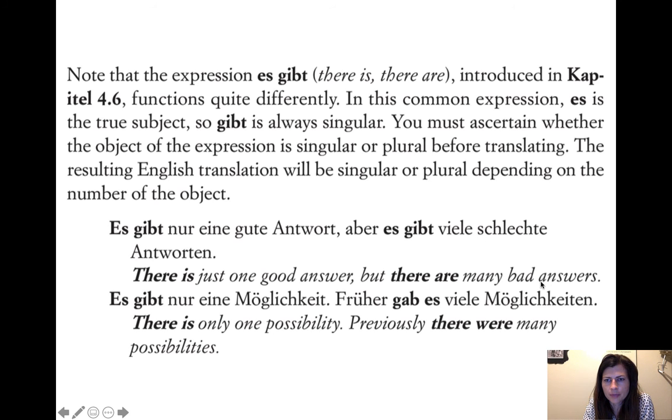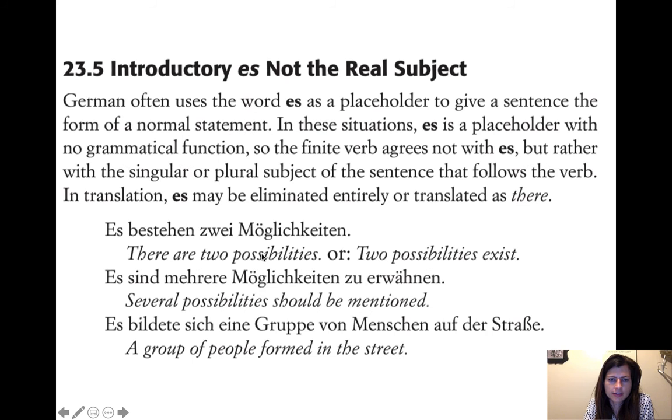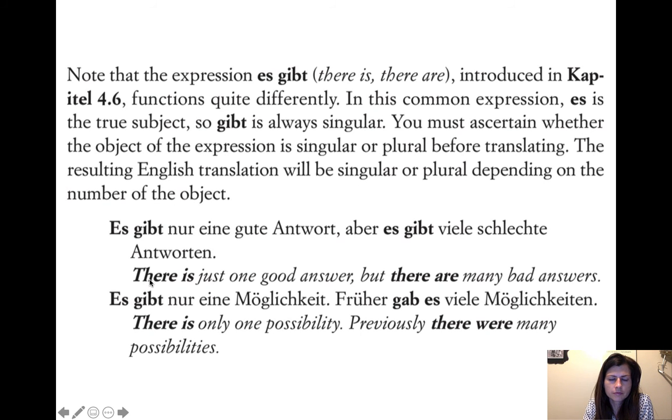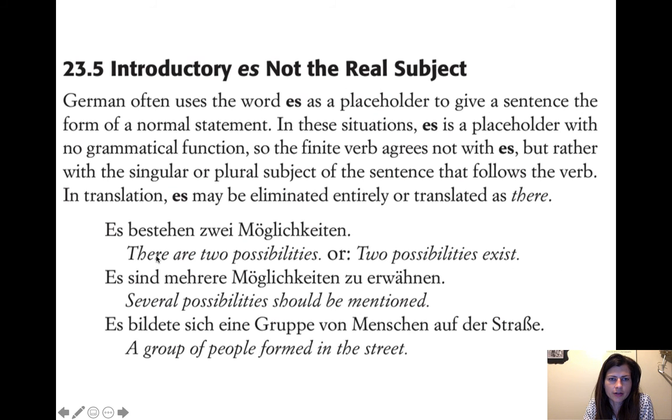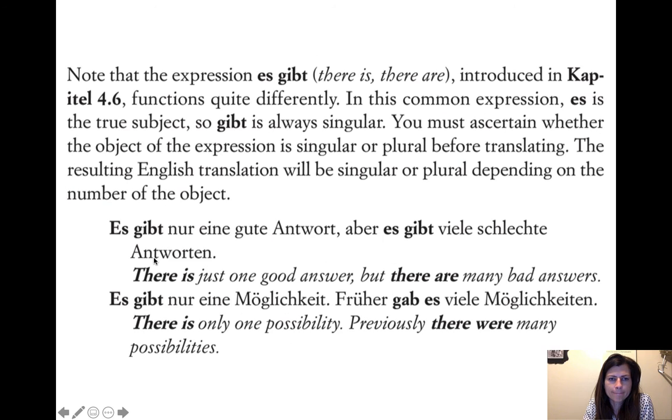But there are many bad answers. And so it's still es gibt. It doesn't change because of the fact that the thing coming after is now plural. So es gibt is different from this es sind we just saw, even though you might translate it as there are in some cases, right?